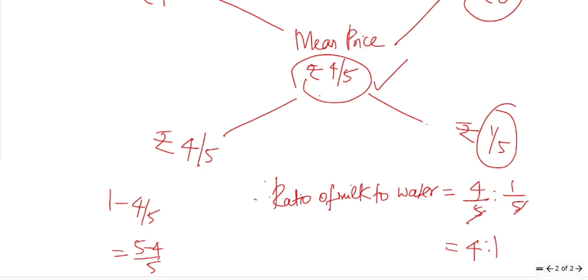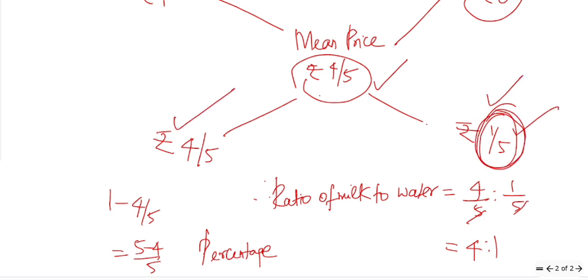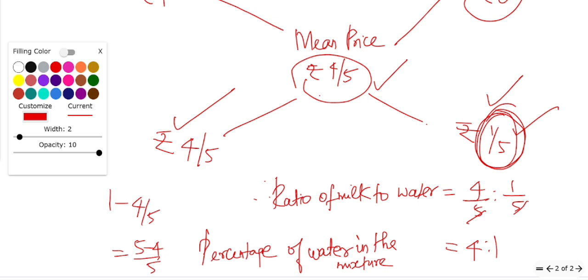Percentage of water in the mixture: even though we have found the ratio, the question is about percentage. So we need to focus on our 1 over 5 only. The ratio of milk to water is optional and not necessary. According to the question, we have to figure out the percentage of water in the mixture, which is nothing but 1 out of 5.